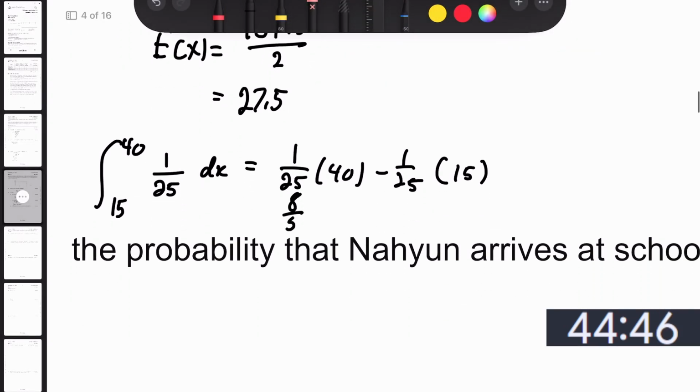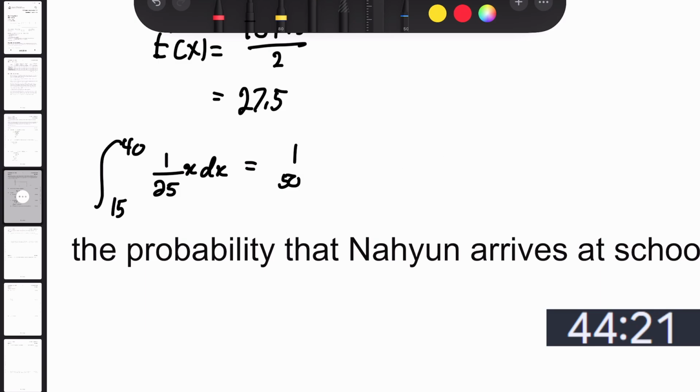That'll be 8 on 5 minus... wait a minute. Oh, because I have to have that dx. So now it'll be 40 squared, and this will be squared, and this will be on 50. Oh yikes, that's going to be ugly. But yeah, that should give you the same answer.